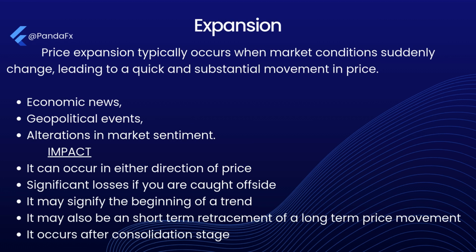For example, the FOMC news, the NFP news, the CPI, most especially the CPI, where most times you just see unidirectional price flow. If the price is targeting buy side, they will all go for the buy side. If the price is going for sell side, they will go for the sell side. Unidirectional.